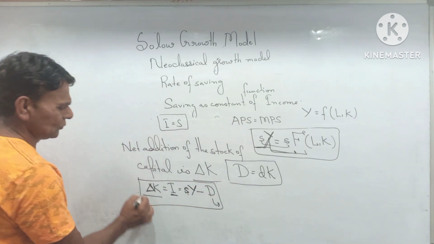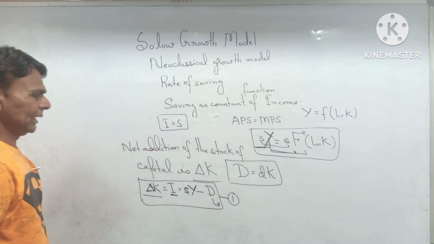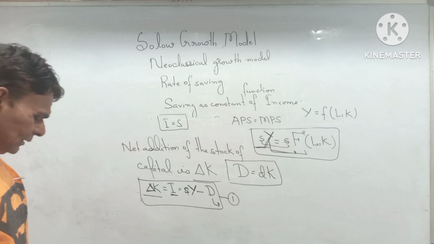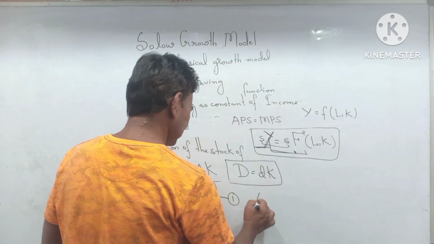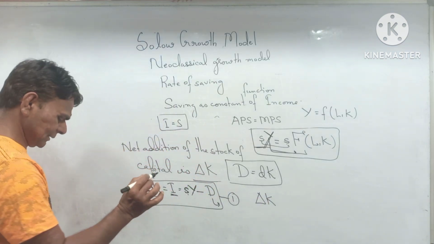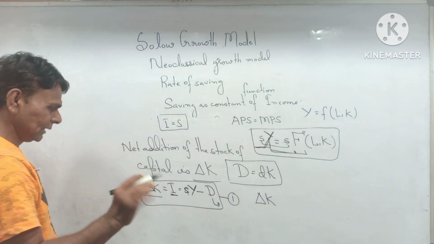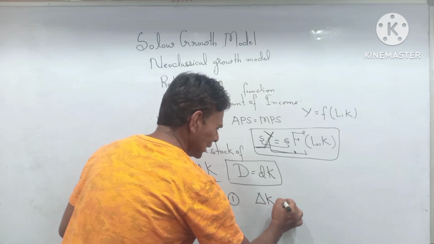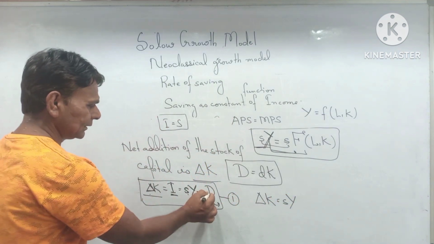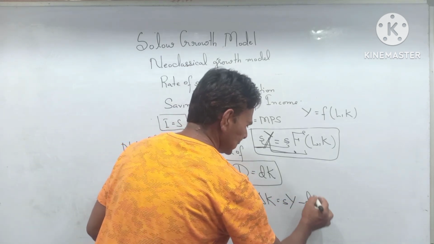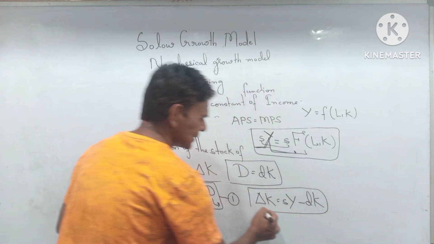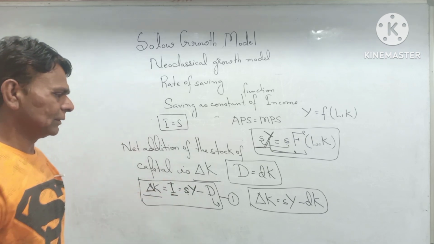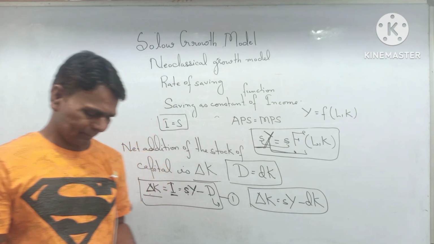This is equation 1. If we substitute the value of D equal to dK, delta K equals investment, which equals SY, the saving, minus dK. Now we have a new equation: delta K, the net addition to the stock of capital, equals saving minus total depreciation.